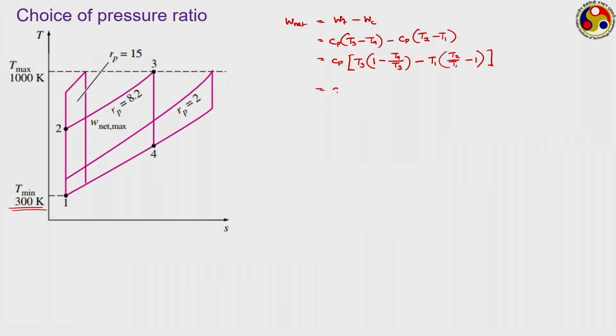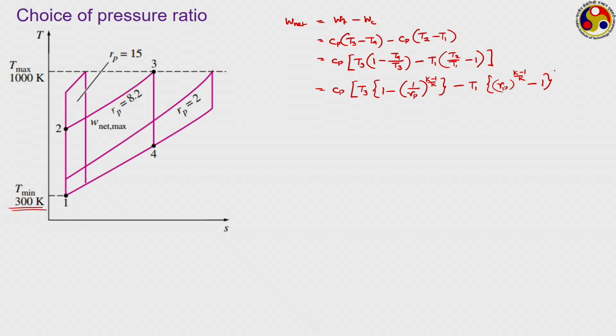So, we can write this as Cp into T3 into 1 minus 1 upon Rp to the power k minus 1 upon k, minus T1 into Rp to the power k minus 1 upon k minus 1. So, this is your net work output.